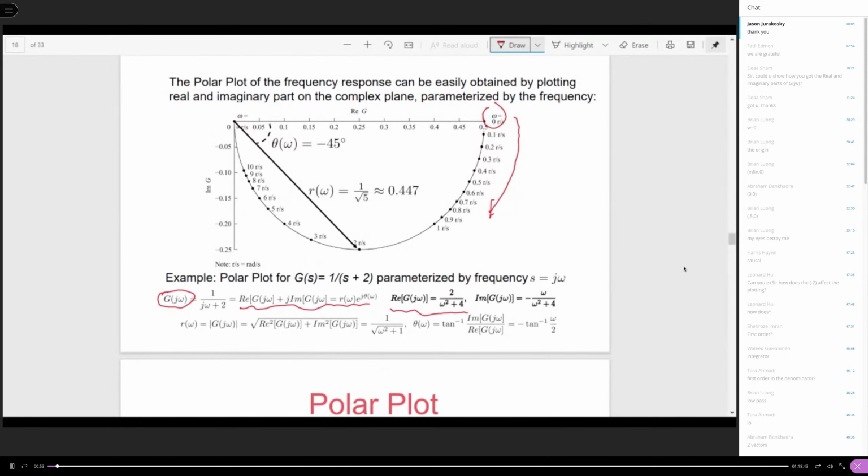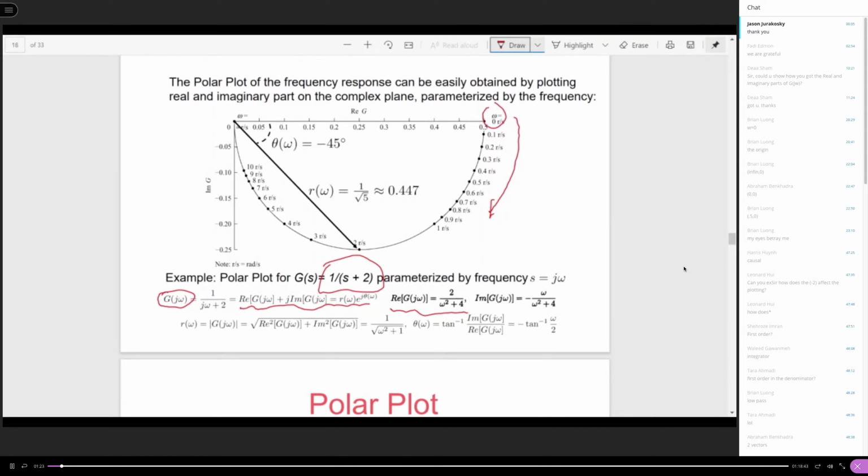Okay, so some students ask, will the polar plot always be a semicircle? Apparently it's not. It depends on what kind of transfer function it's going to be. Actually, there is no way to characterize the general shape of the polar plot because of the complexity of the transfer function.